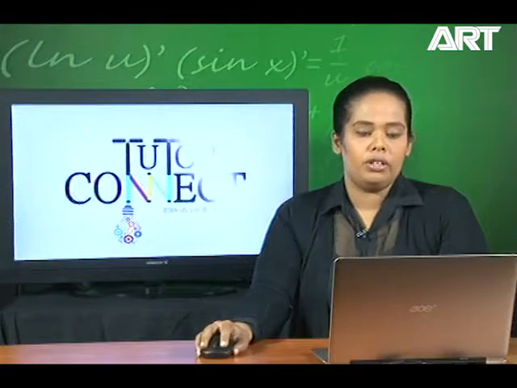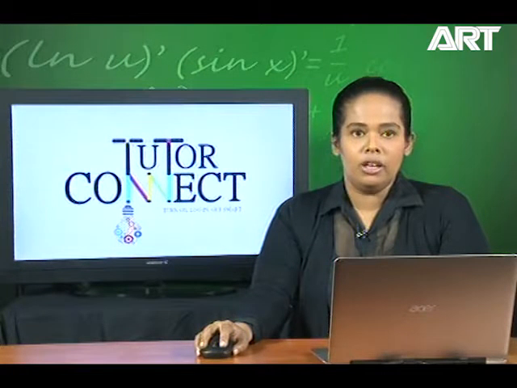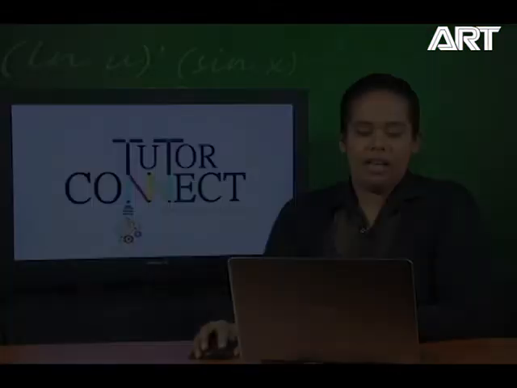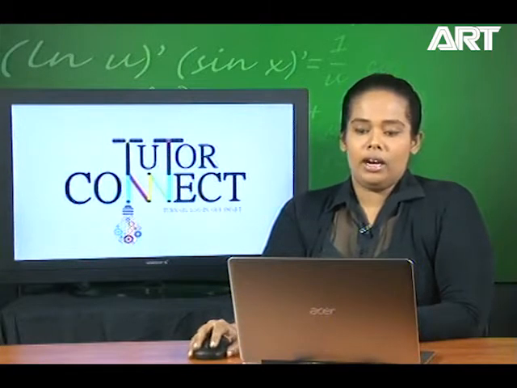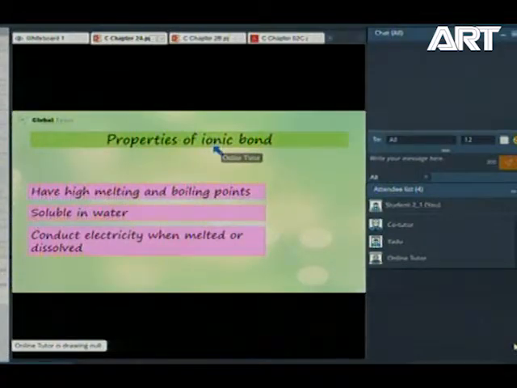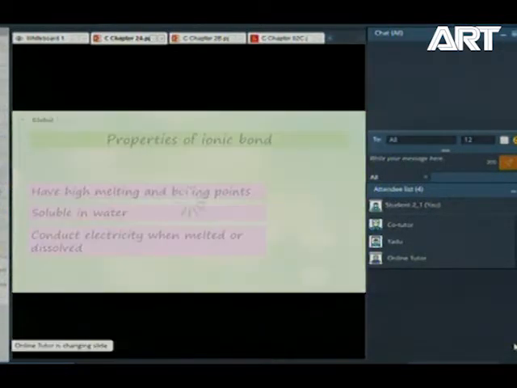This is very important: it should be melted or dissolved. Compounds with ionic bonds conduct electricity very well only under these conditions. They have to be either melted or dissolved. If they are in the solid state, you cannot conduct electricity.